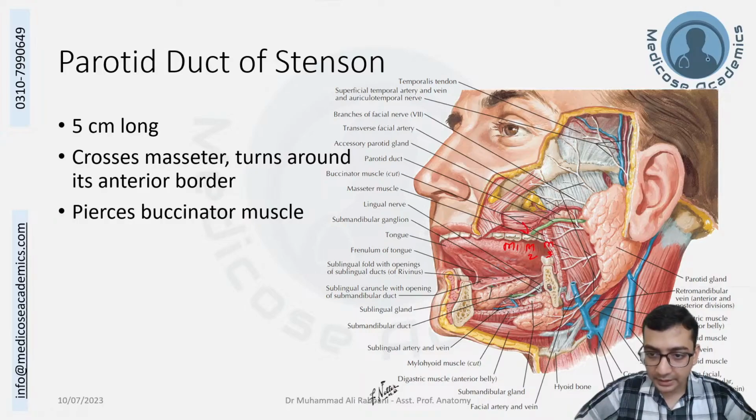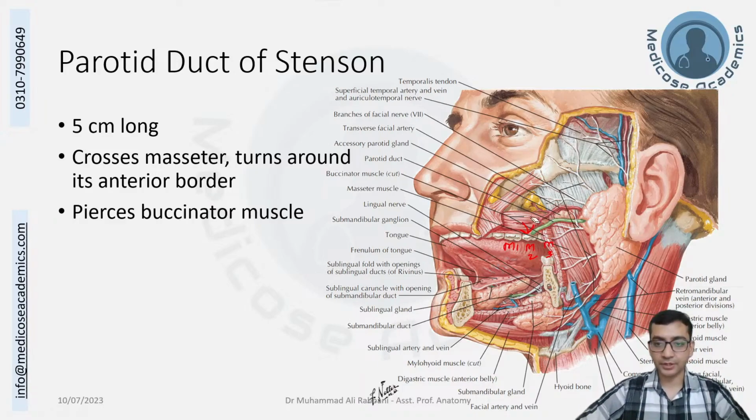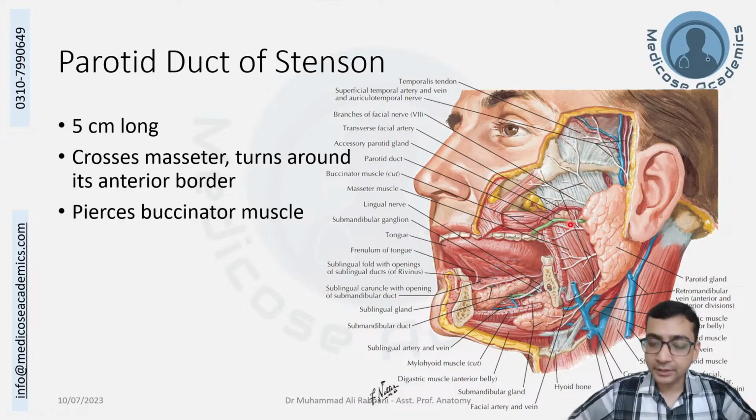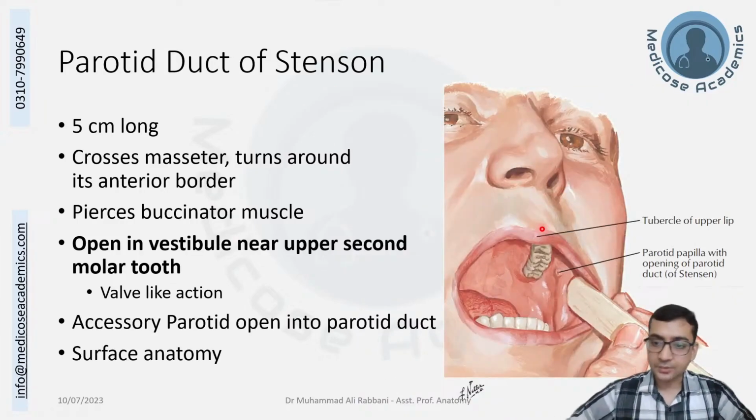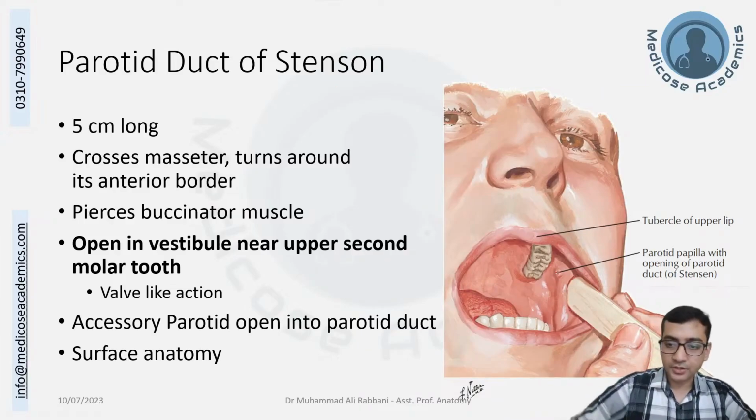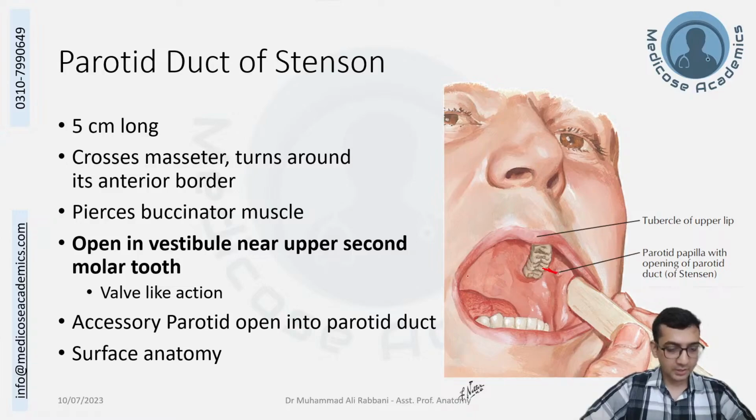So it is opening right here, across the second molar tooth. So this is the parotid duct of Stensen. You have to remember it crosses the masseter muscle and pierces the buccinator muscle. And the third point to remember, it opens across the second upper molar tooth.